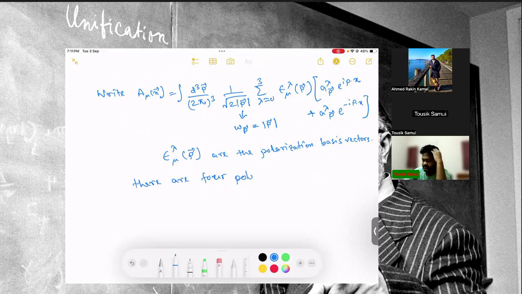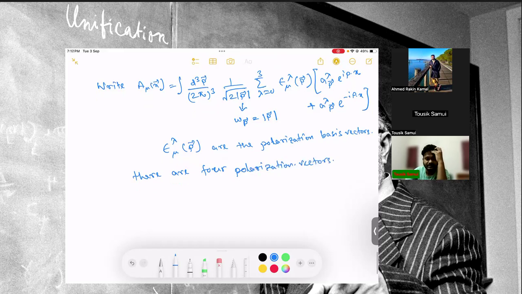So at least here we have four polarization vectors. Okay. So now maybe I can stop for question and answer, and then I'll detail the polarization vectors in the next part. Okay. Yeah, sure. I'll pause the recording.